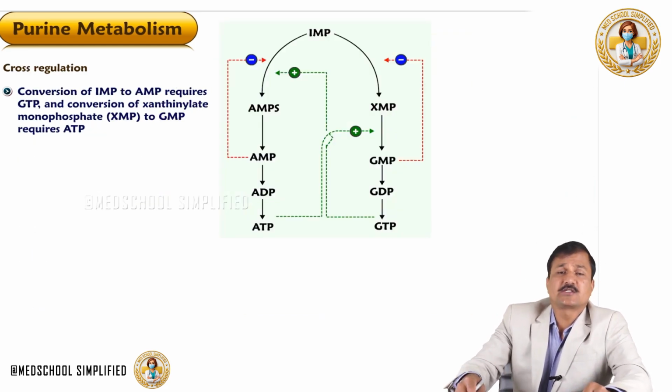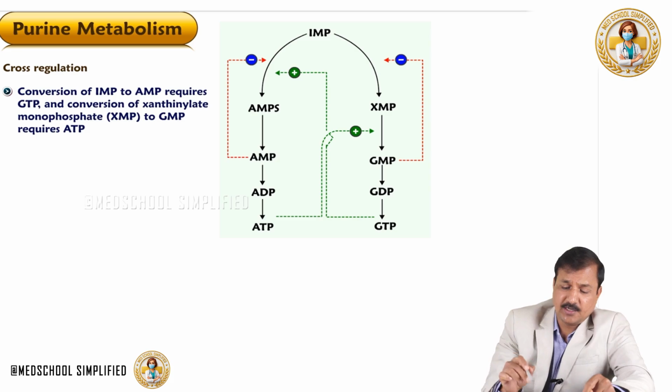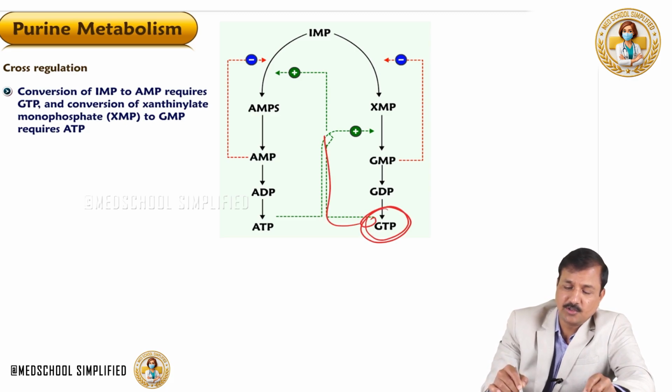Now there is a cross regulation in the conversion of IMP to AMP and IMP to GMP, because whenever there are high levels of GTP, that GTP will promote conversion of IMP to AMP. So higher levels of GTP will take IMP towards AMP formation and ultimately making ATP.